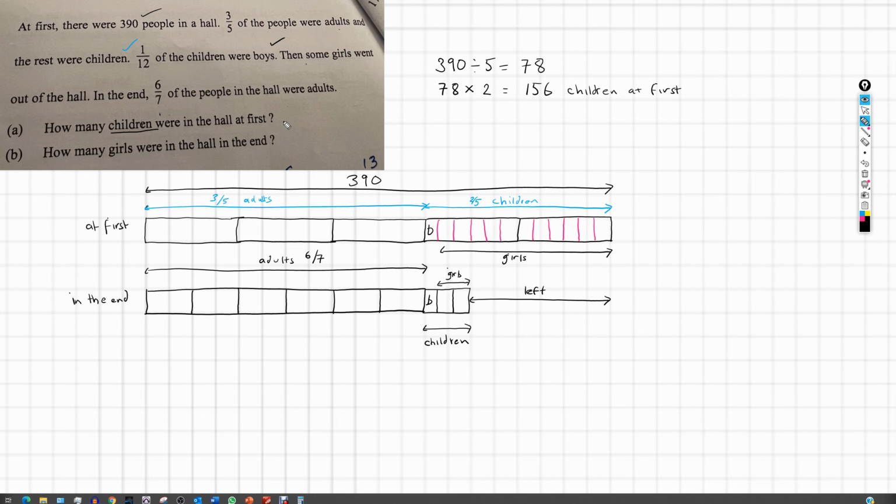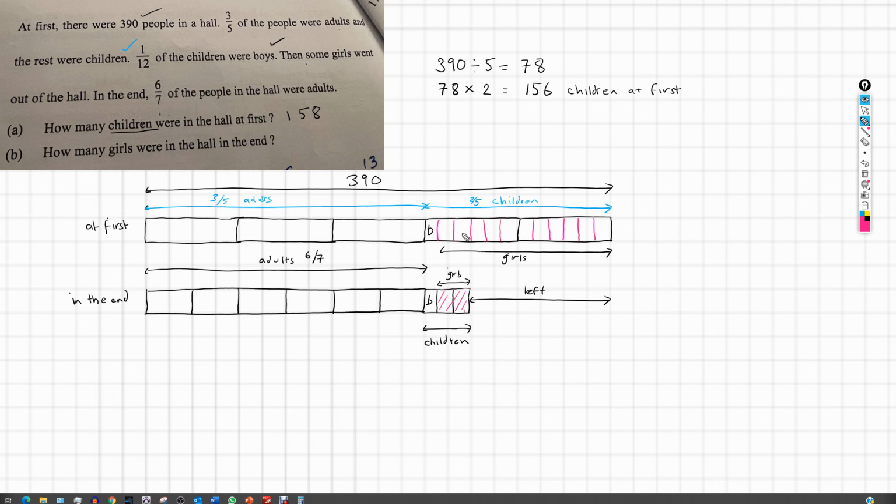So I can put that answer in here, 156. And then we're also asked how many girls were in the hall at the end. These are the girls at the end. How can we calculate that?